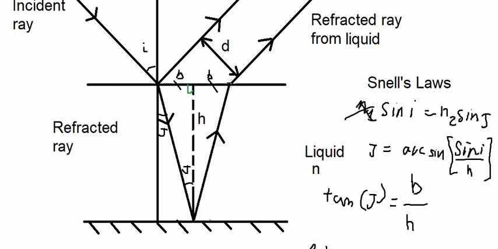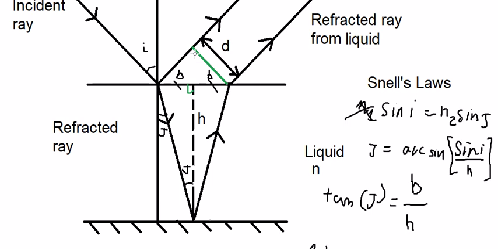The next one, from this point here, we can move this length D over to here. So now we have another triangle here.